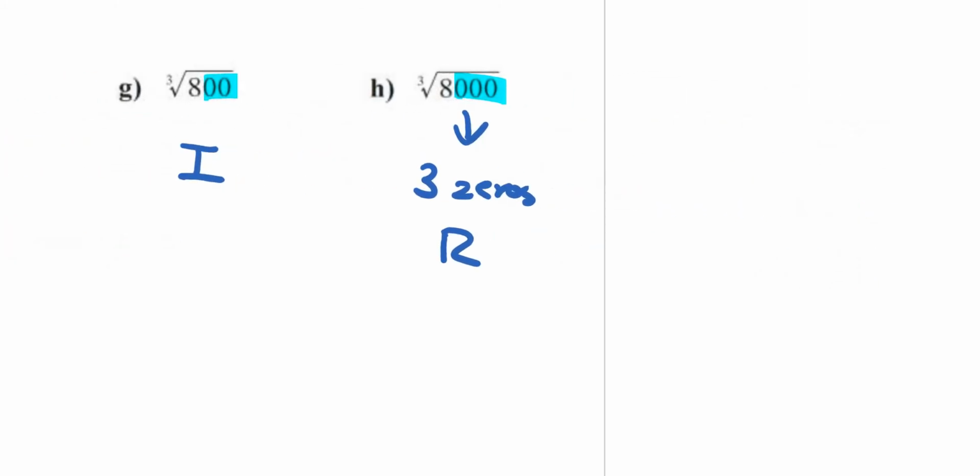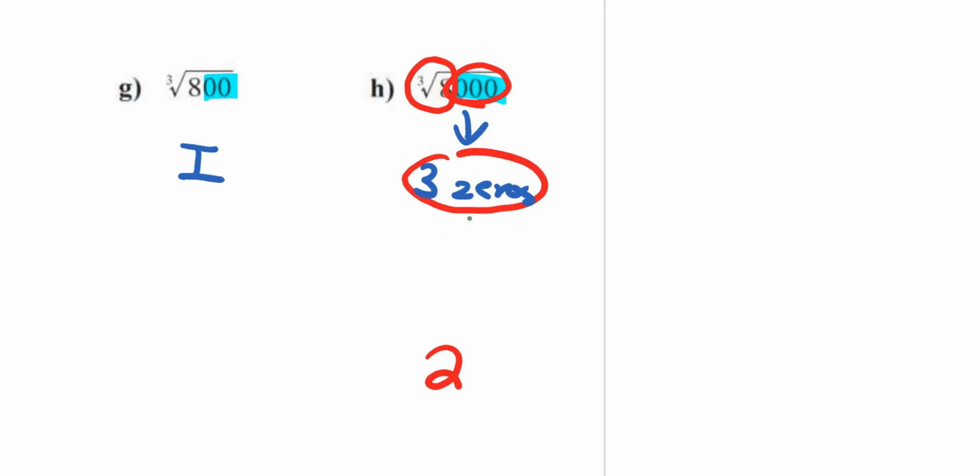And for letter H, if you want to compute what that answer is, ask yourself, what is the cube root of 8? Well, the cube root of 8 is 2. And how many zeros do you have again? You have 3 zeros. So what you have to do is take 3 and divide by 3.